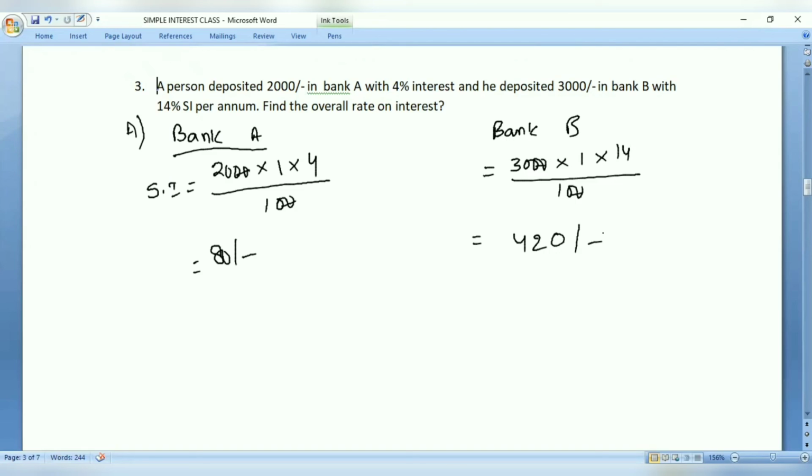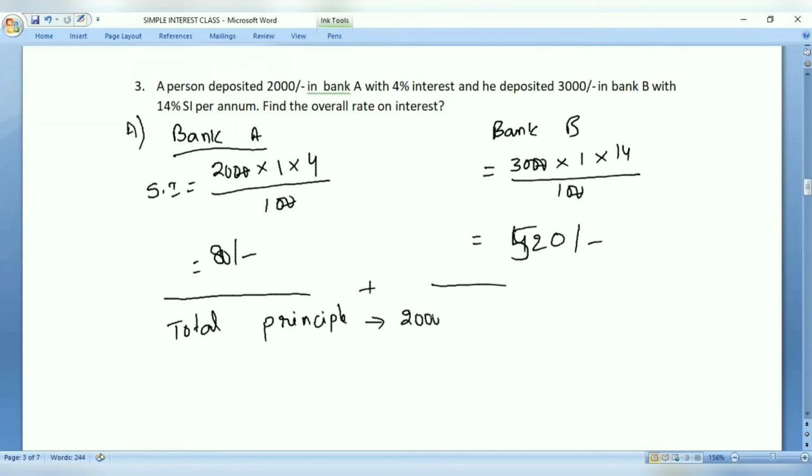Now, what is the question being asked? Sir, 14 threes are 520, right? 14 threes are 520. So now, what is the overall rate of interest? That means if both the cases are added, what is the total principal from both the banks? 2000 plus 3000, that is equal to 5000 rupees as the combined principal.